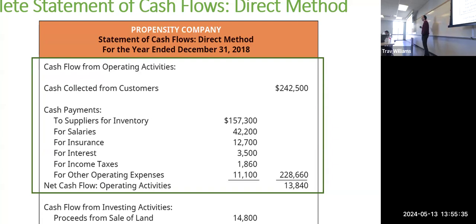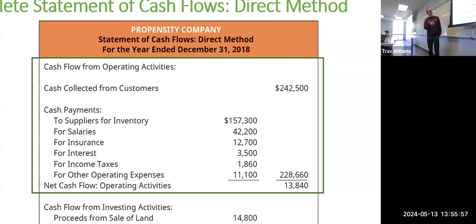Now the net cash flow from the operating section should be the same whether you use the direct or the indirect method. It's just a different way that you calculate it and a different way that you present it on the statement of cash flows. So the trick is, where do you get these numbers?